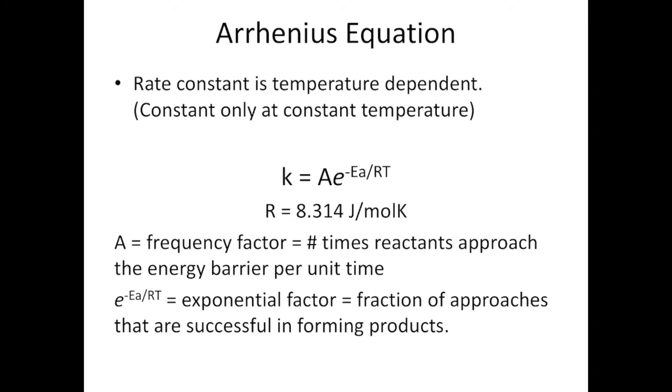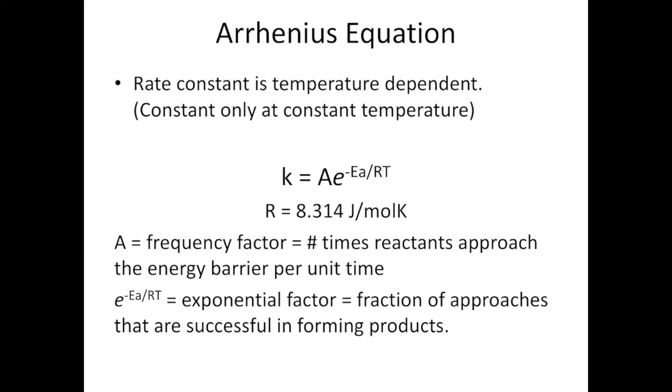If at 0 degrees you run a series of experiments where you change concentration, your rate constant will be constant because you're doing it at 0 degrees across the board. So as you increase your temperature, your rate is going to change.